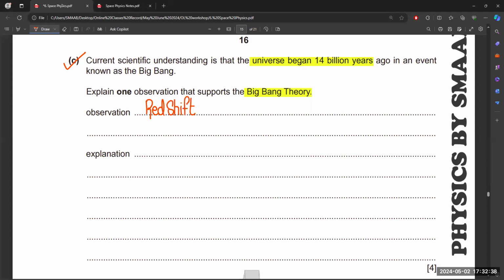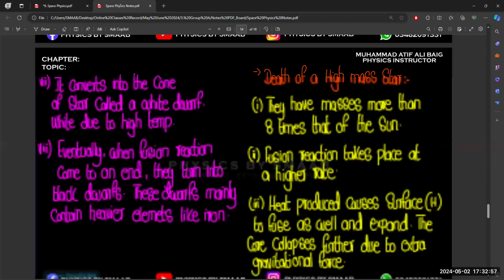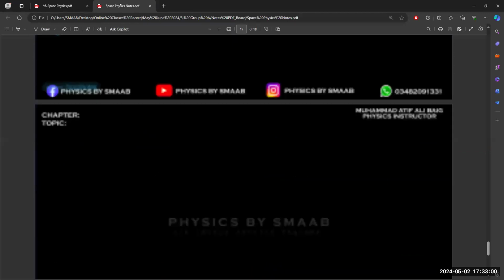So we can explain the concept of the Big Bang with the help of redshift, right? And then the explanation of it. Otherwise, you can also explain with reference to cosmic microwave background radiation. So these are two references we already explained.